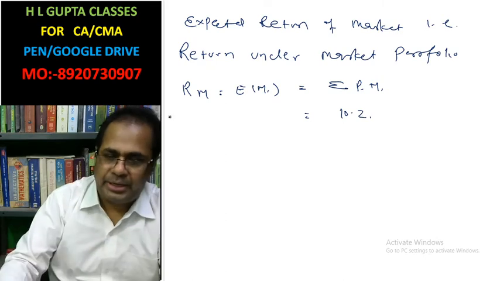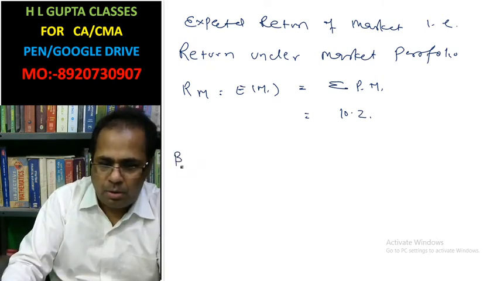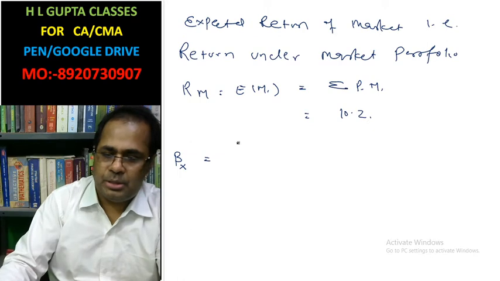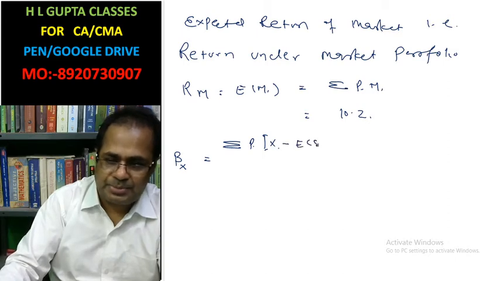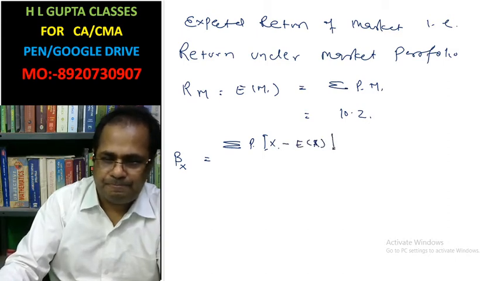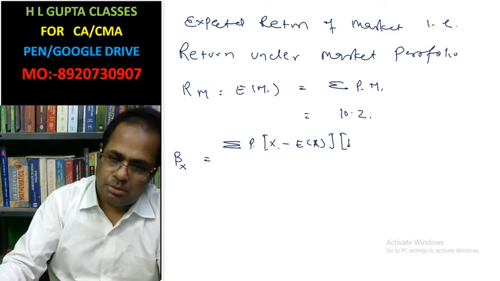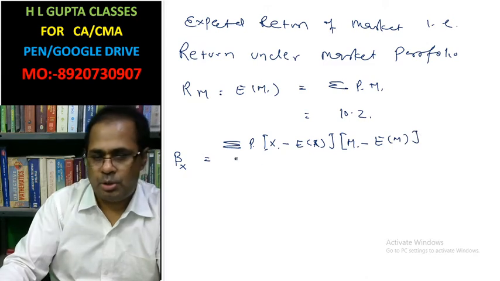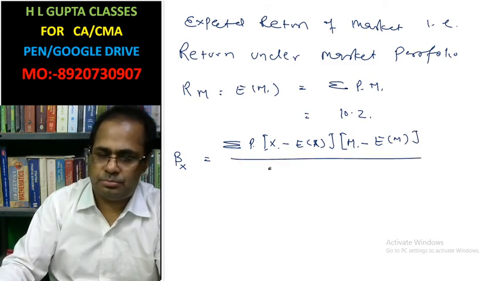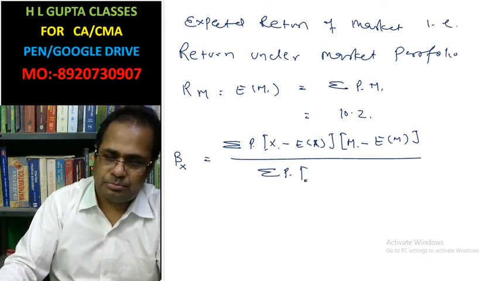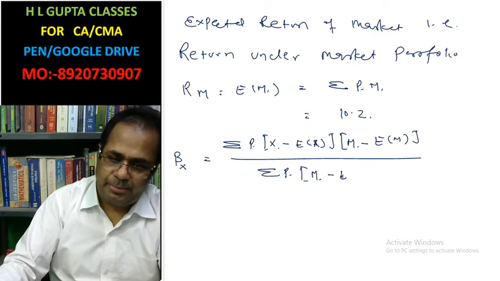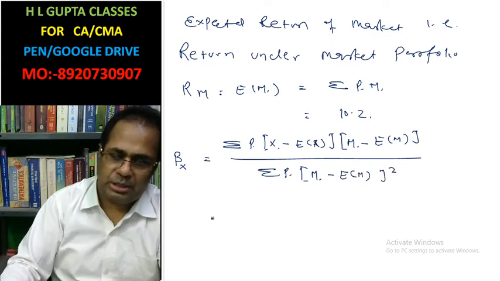We can calculate beta of x: summation pi, xi minus expected x, mi minus expected m, whole divided by summation pi, mi minus expected m whole square.